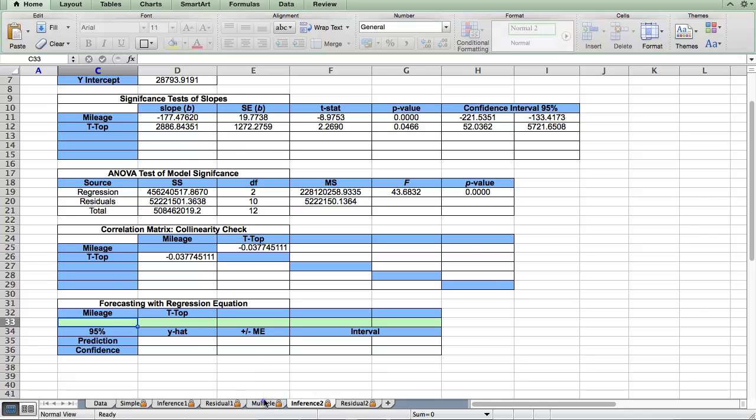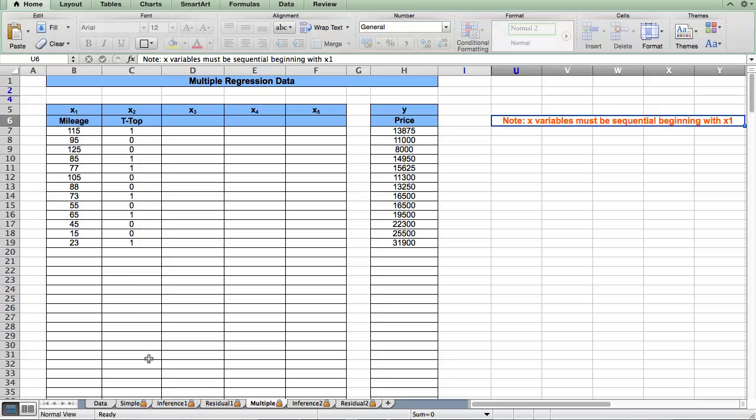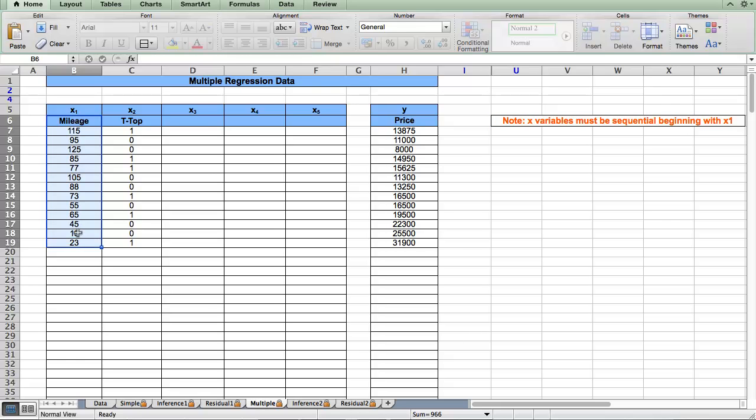So when we make forecasts, it's best to stay within the range of the available data. Okay, so the lowest mileage that we have here is about 15,000. And the greatest is about 125,000.